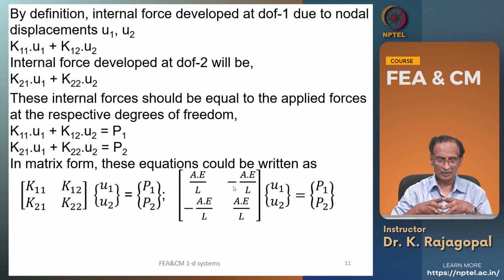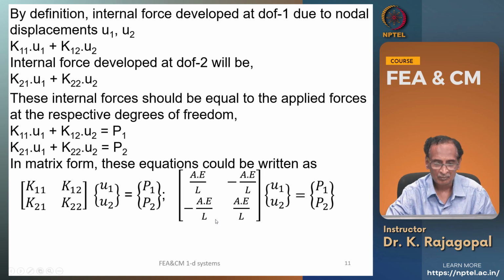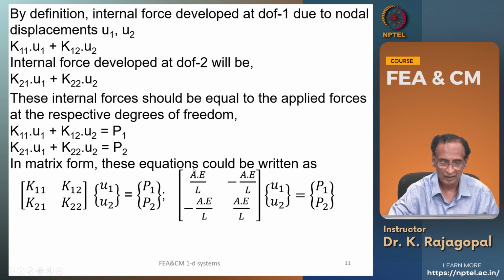set of equilibrium equations, and then if you have the material properties, the cross sectional area, Young's modulus, and the length of the element, we can determine the stiffness coefficients and then get our stiffness matrix, and P1, P2 are the applied forces, these are known, and u1, u2 are the displacements.